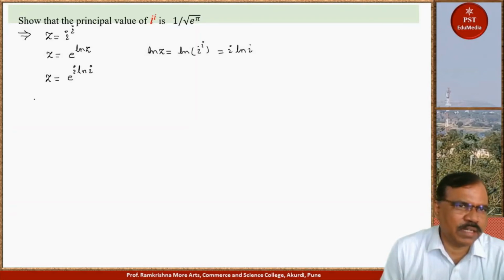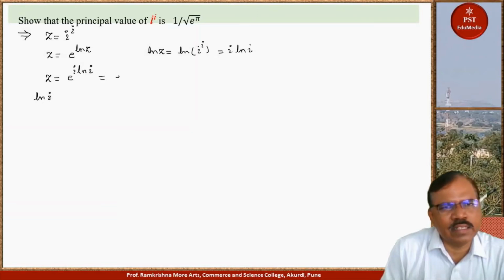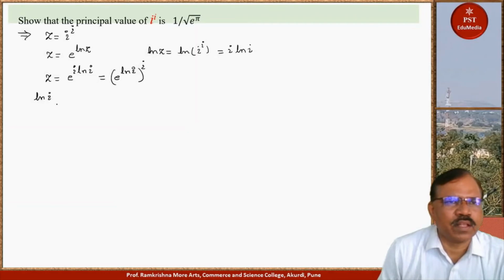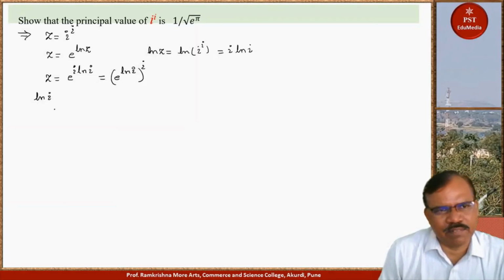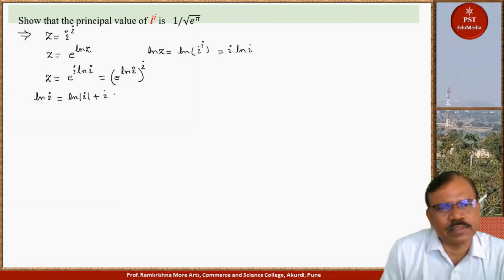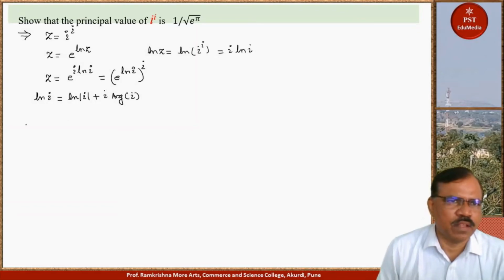Now we will first find ln i. What is ln i? I can write e raised to ln i raised to i, or i ln i. Now ln i, we can find. ln i is ln modulus of i plus i times the argument of i.